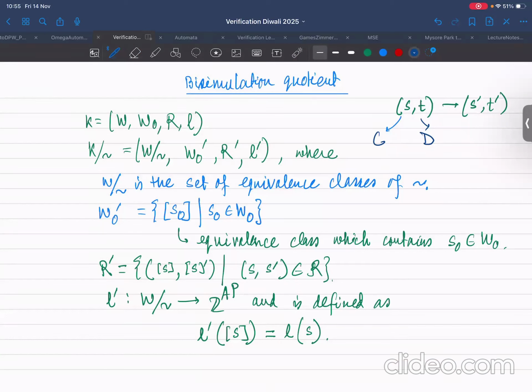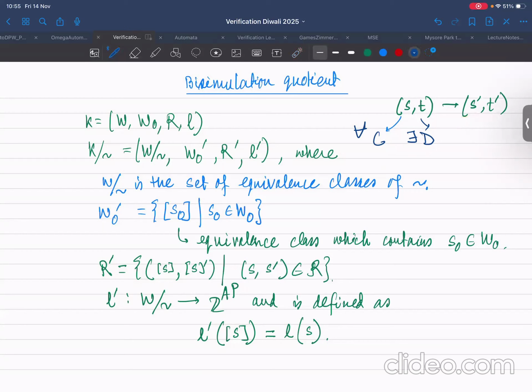The challenger corresponds to the for all player, and the defender corresponds to the exists player. The defender managed to match the challenger's move, and now we are in S prime comma T prime.